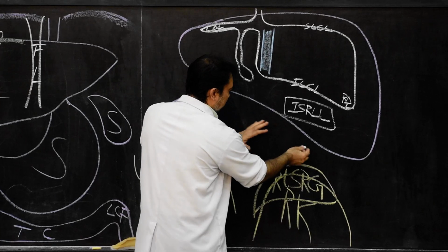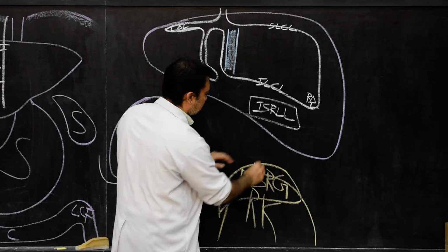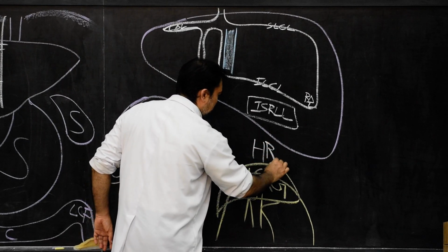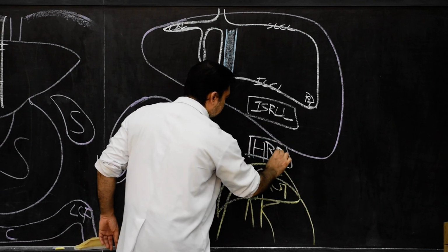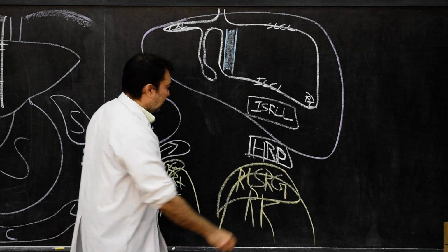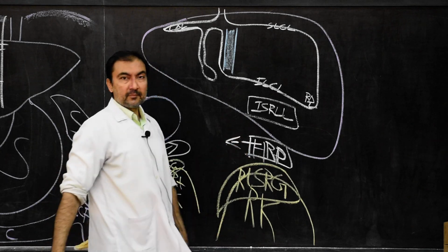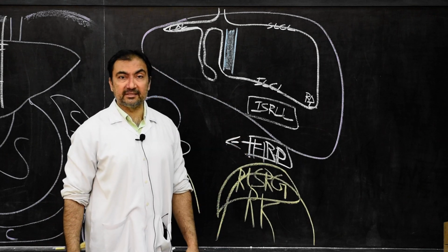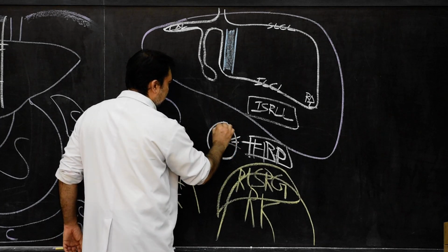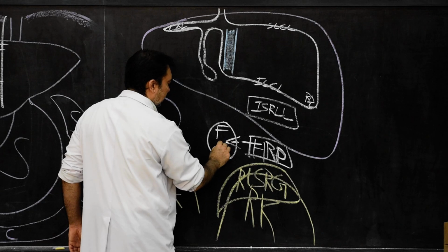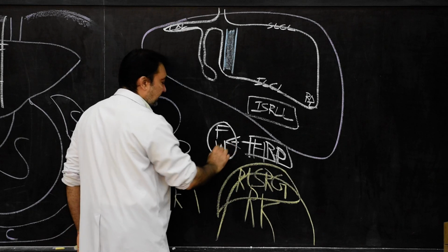If I draw an arrow from this space, let us assume this is the hepatorenal pouch of Morrison. So this is the right subhepatic space. Now on the left side, it will communicate with the omental bursa through a narrow foramen, and this foramen is known as epiploic foramen or foramen of Winslow.